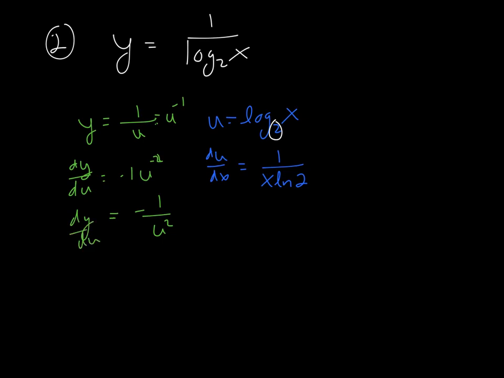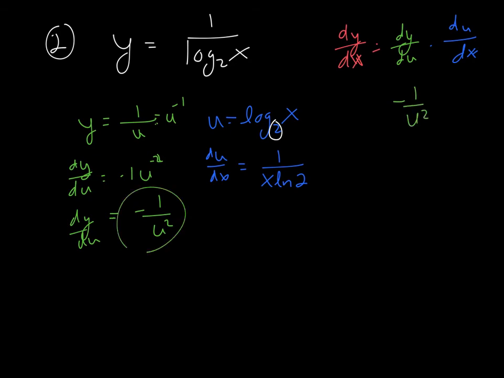So chain rule tells me I'm going to get my derivative with respect to x by taking my derivative of y with respect to u and multiplying it by my derivative of u with respect to x. And if I do that, I'm going to have negative 1 over u squared, my derivative of y with respect to u, times my derivative of u with respect to x, 1 over x natural log of 2.